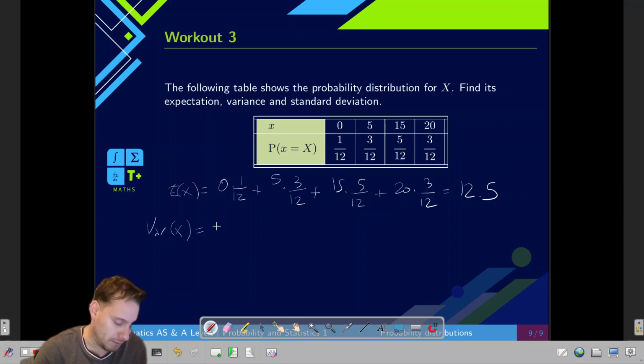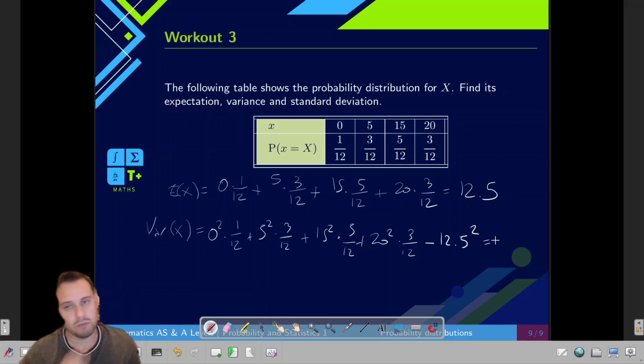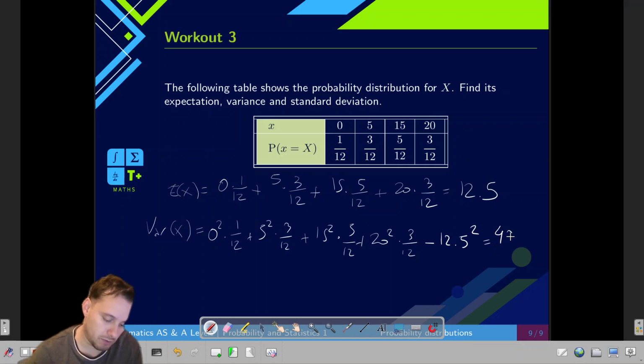So this would be the value for 0 squared times 1/12 plus the value of 5 squared times 3/12 plus 15 squared times 5/12 plus 20 squared times 3/12, and then we're going to subtract 12.5 squared. We plug all that in, we do the calculations, and we get a beautiful 43.75. And that would be the value for the variance of this random variable.